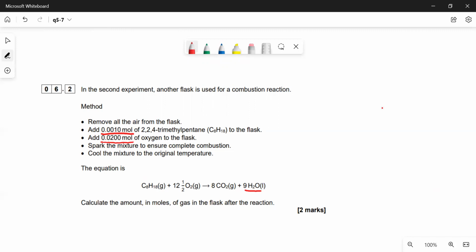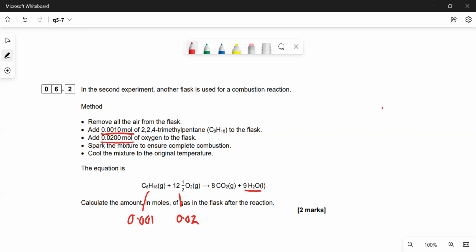Okay, how are we going to do that then? So we've got 0.001 moles of the trimethylpentane. Now that is going to react with oxygen, and we've got 0.02 moles of oxygen at the start.